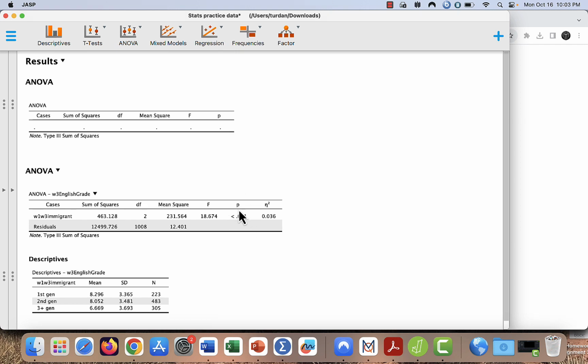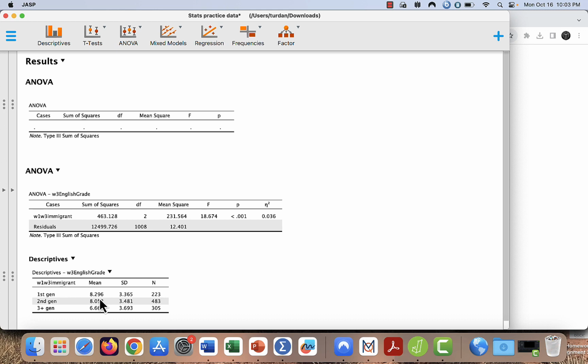And what this tells us is that somewhere there's a difference between these three group means. So I've got three samples, first, second, and third gen, and these sample means are significantly different. The difference between these sample means did not occur by chance. Somewhere there's a difference in the population means.